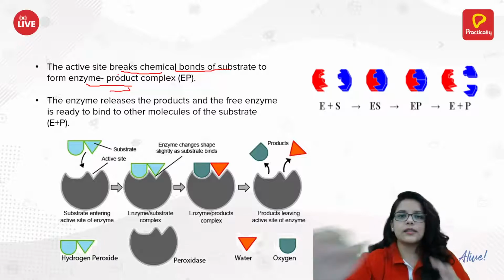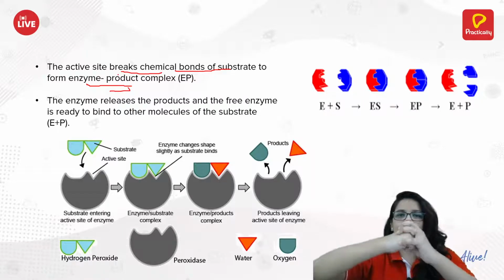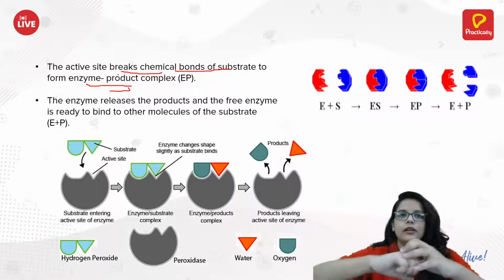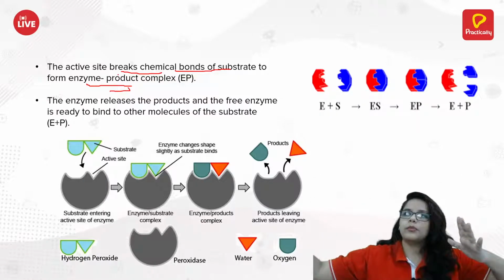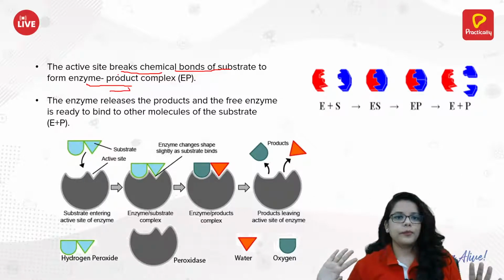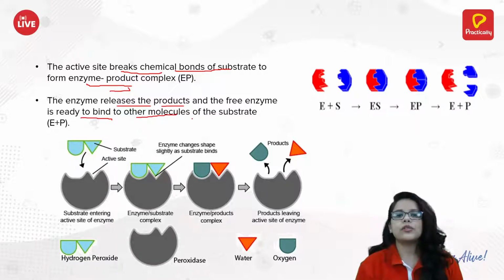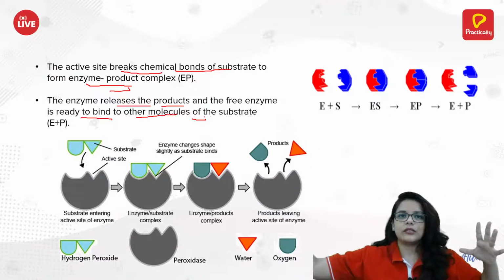So this is the substrate, the enzyme has joined it, and it contours it in a way that the product is formed. Then finally, when the reaction has completed, the product will go away. The enzyme releases the products, and the free enzyme is ready to bind to other molecules of the substrate. So the reaction is complete, and now I am released.